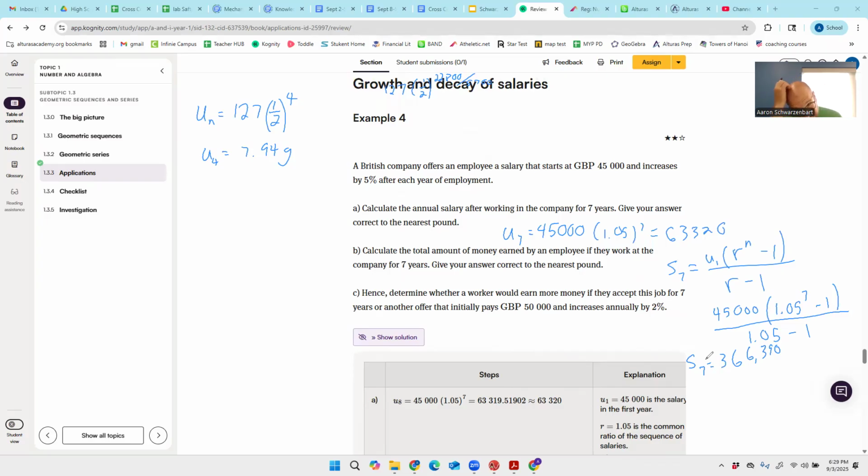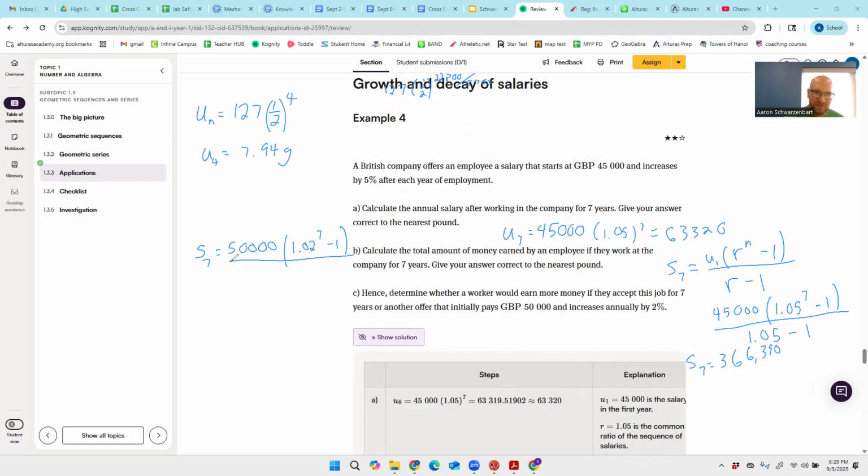Hence, determine whether the worker would earn more money if they accept a job for 7 years that offers 50,000 with annual increases of 2%. So we're going to try this one. I think this one might be less, but it's hard to know because it starts higher.